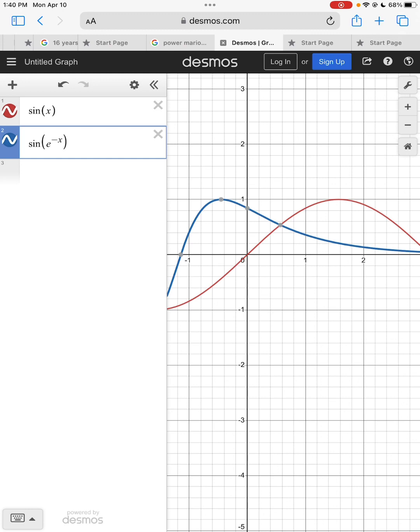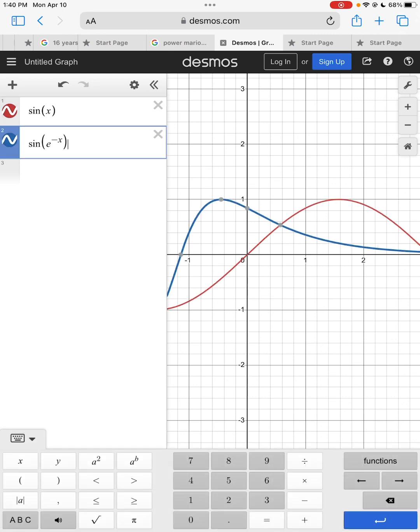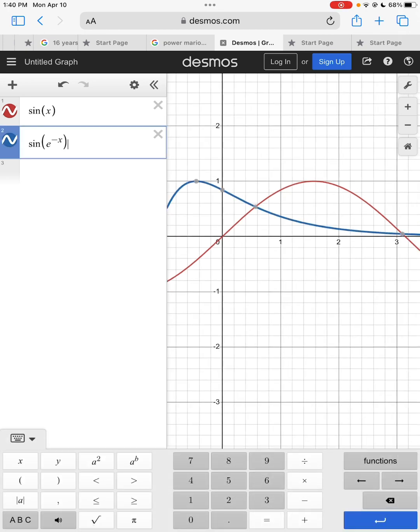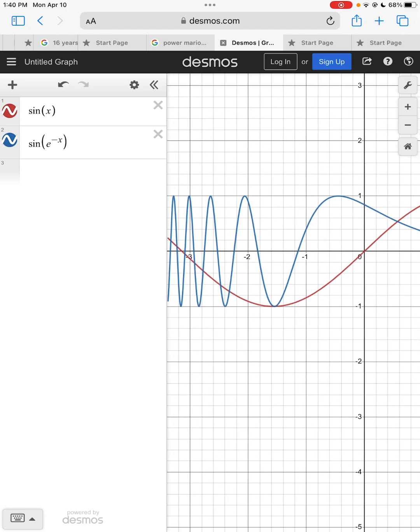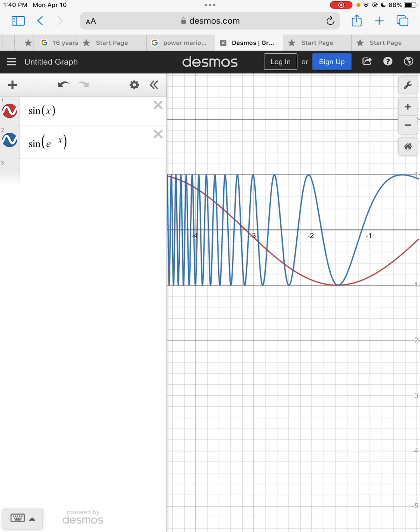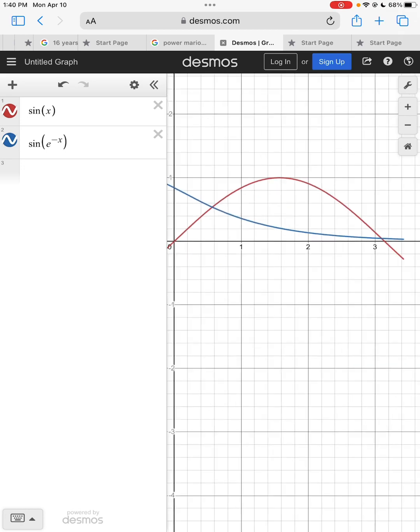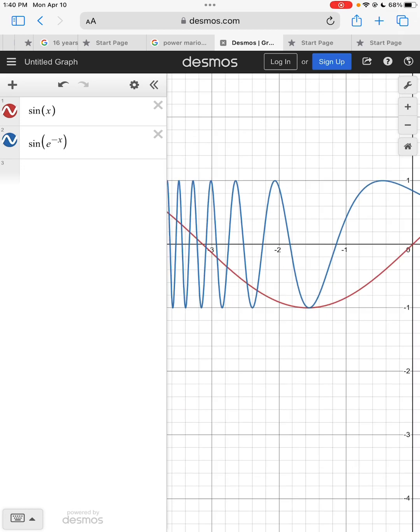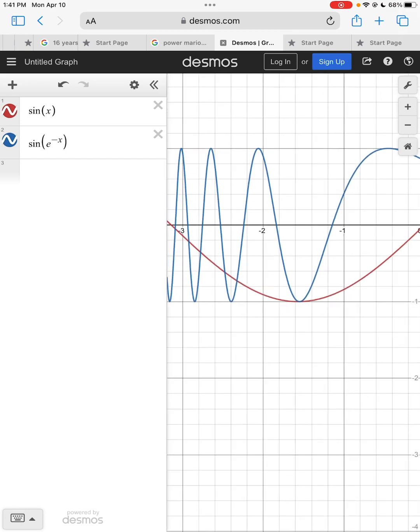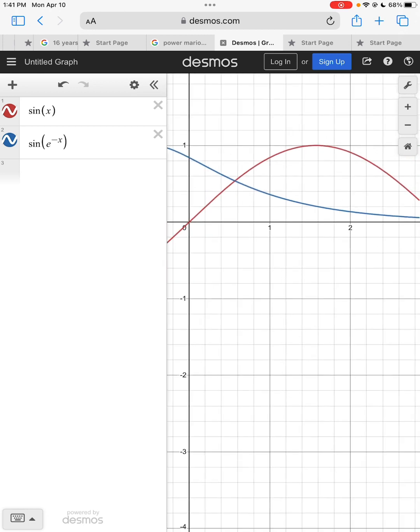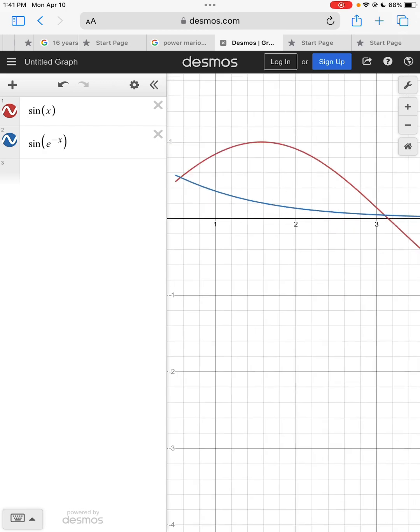So for the blue term, we had that exponential in there, and because of that there's a redshift. You can see the redshift as we get farther and farther away. It redshifts more and more, the wavelengths increase with each oscillation, and then finally it dies out.